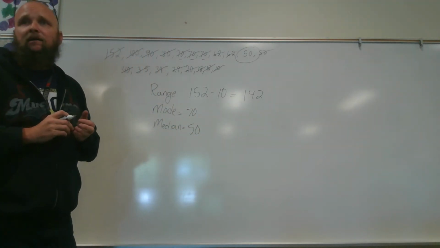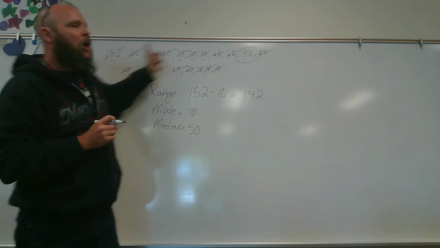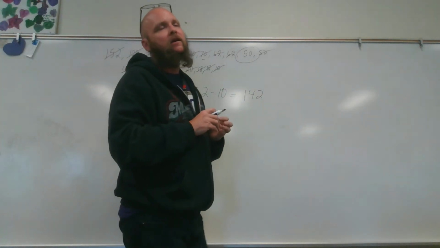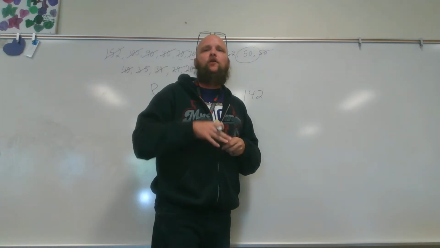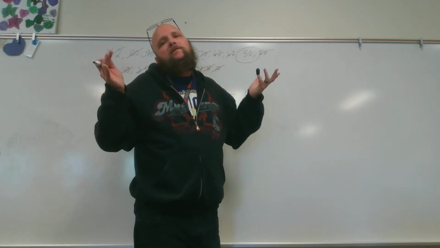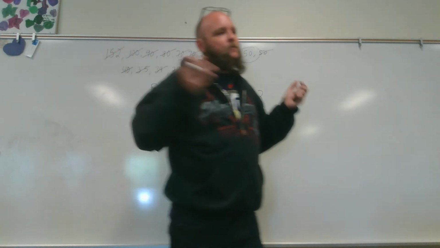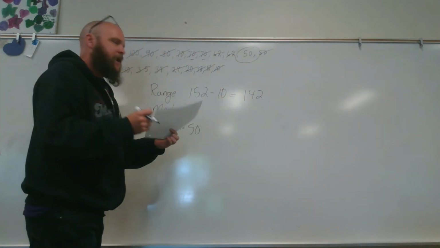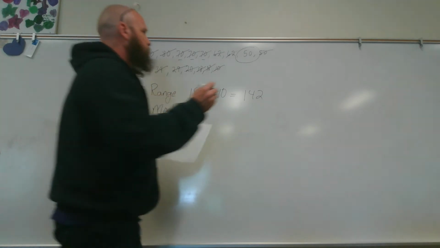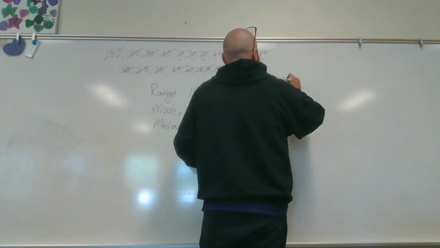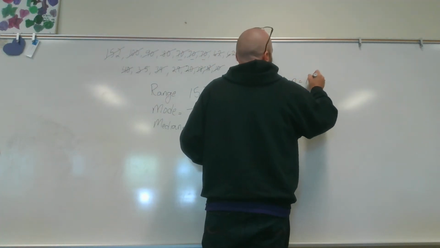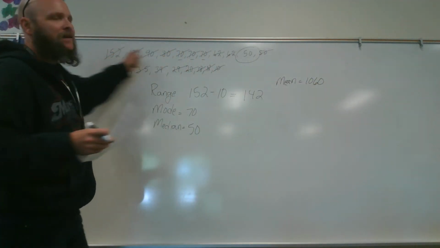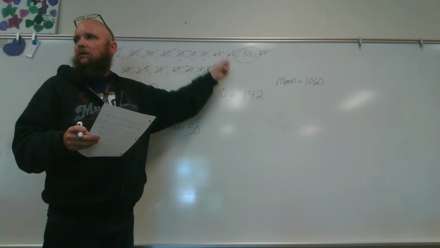Our mean. We would add all of these numbers up to find our mean. Luckily, it said you can use your calculator. I know most of you use your phone, but it has a calculator on it, so it's all good. When you added those together, they added up to 1,060, and there were 19 numbers on this chart.